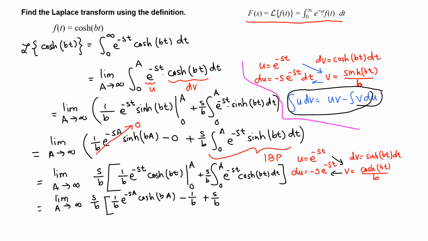Laplace of cosh. For now, to simplify this, let's say this is uppercase F, because the function is lowercase f, so this is the Laplace transform, uppercase F. Okay, so let me copy this one more time, 0 to a e raised to negative st cosh bt dt.